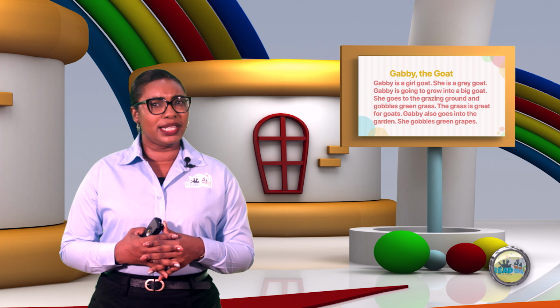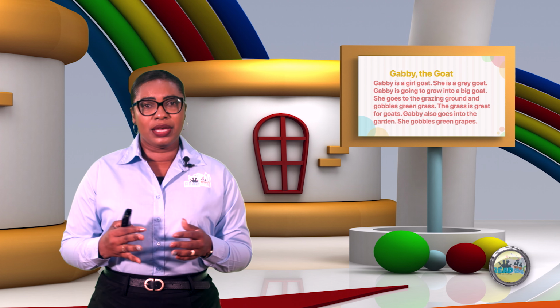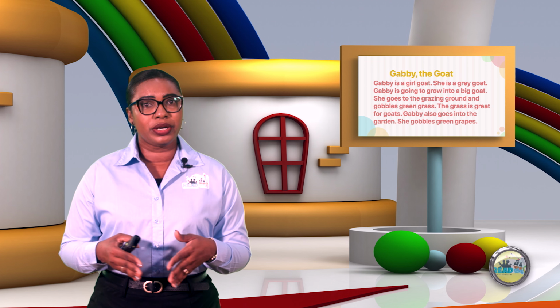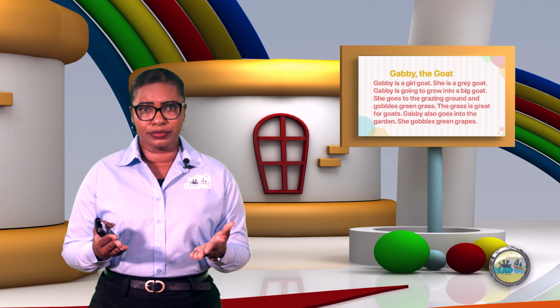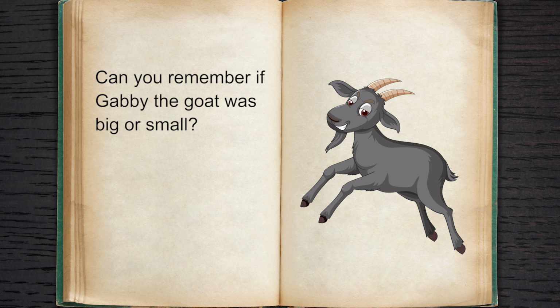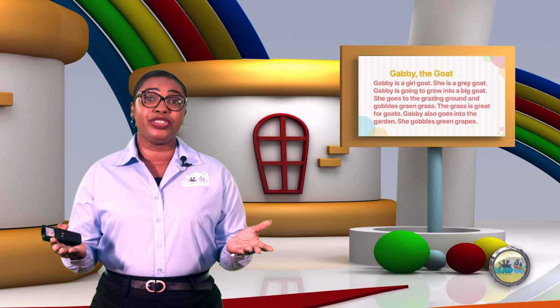Quite an interesting story. The story tells you that Gabby had a color. Can you remember what color Gabby was? Yes, gray. Now, what did it say about Gabby? Was Gabby a big goat or a small goat? Can you remember? Well, it said that Gabby is growing into a big goat. And can you remember where she goes?